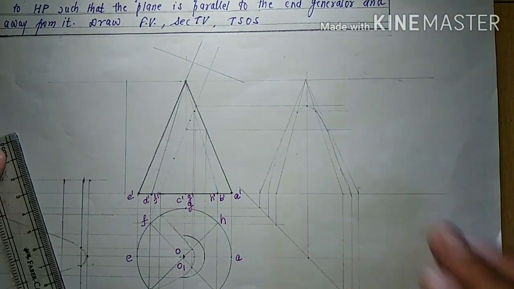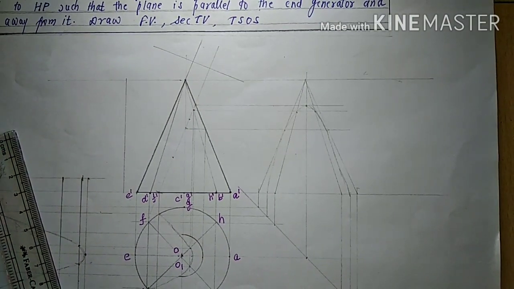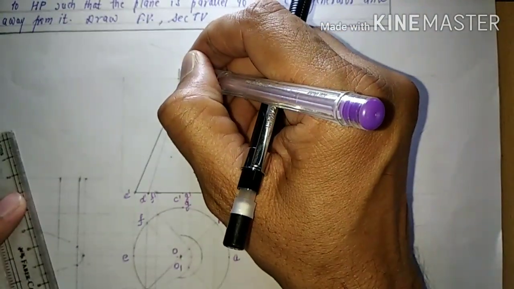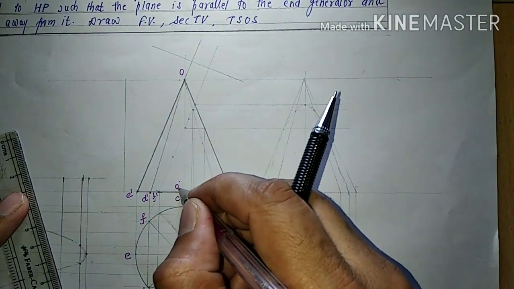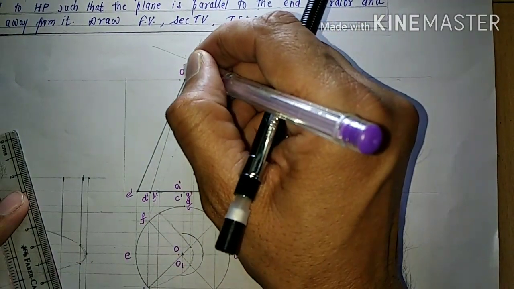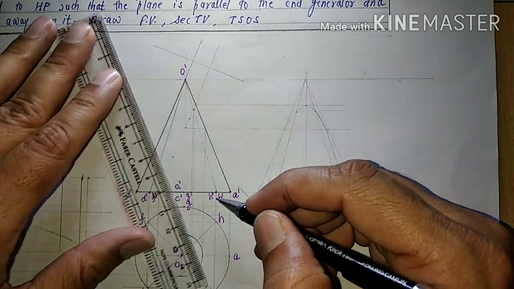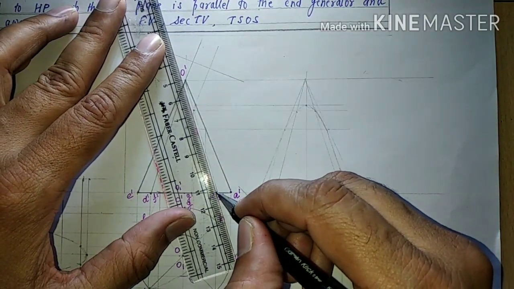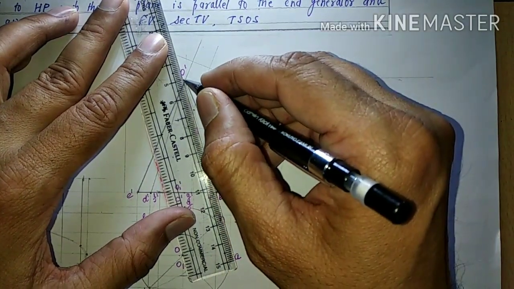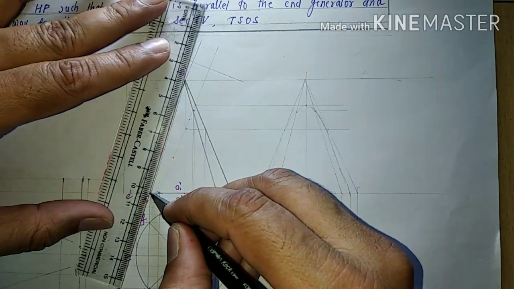So first I drew the triangle in consideration with all the points which are lying outside. This is O and this is O1 dash. Now whichever generators are inside, it will be very light in such a way that only the person who is drawing should be able to see it.